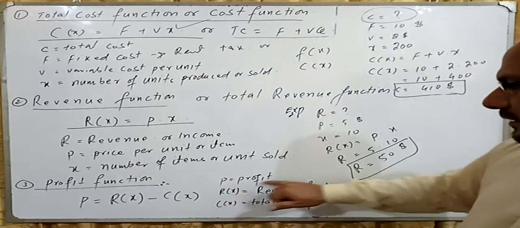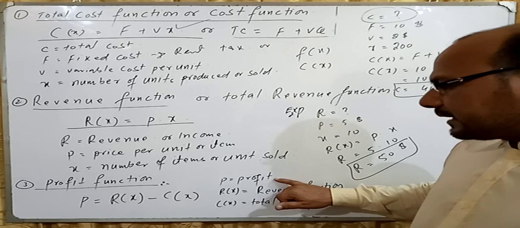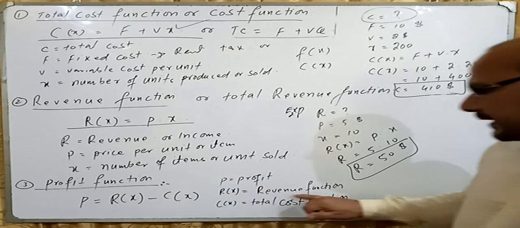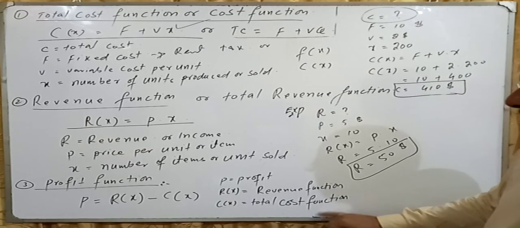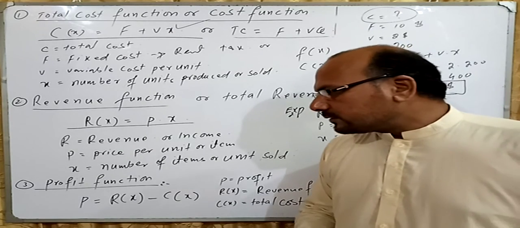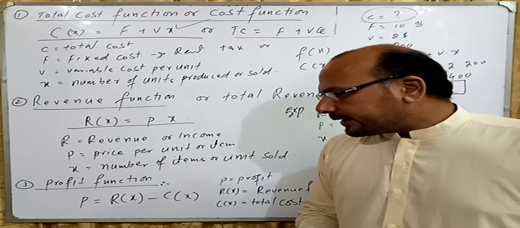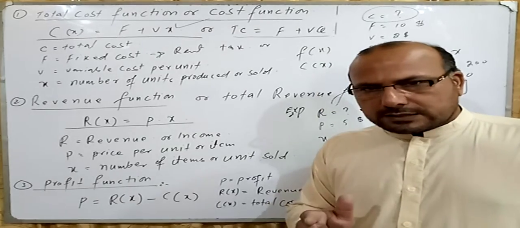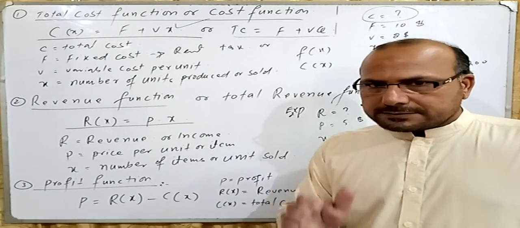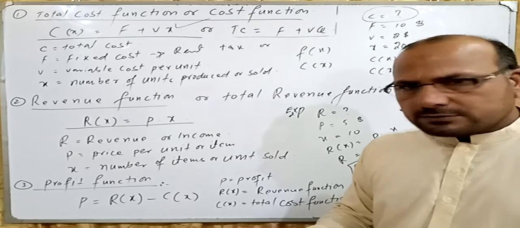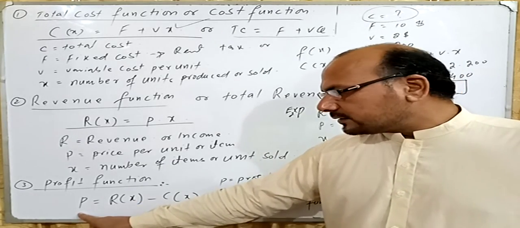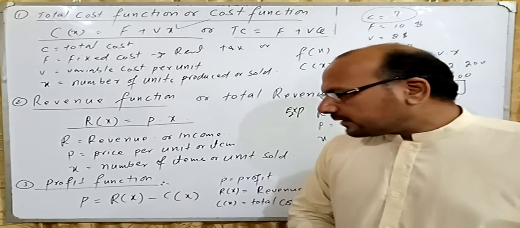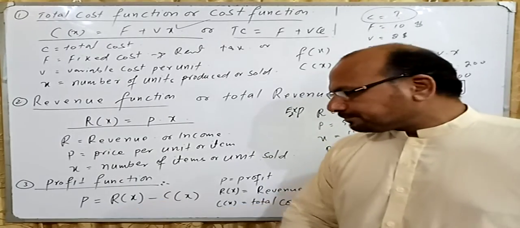So the profit is represented by P, R of x represents the revenue function, and C of x represents the total cost function. So when you need to find the total cost of a product, and you need to find the total revenue of that product, just subtract them, so you can find out the profit of that particular product also by using this.